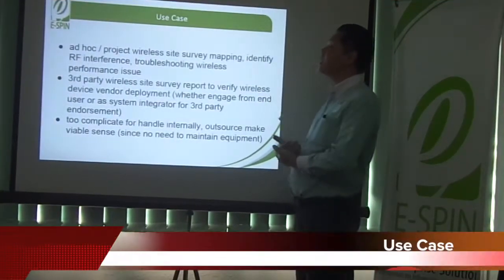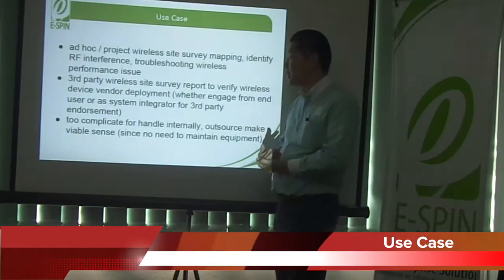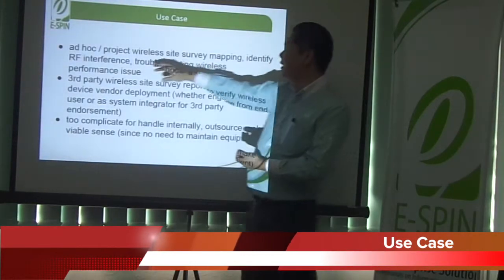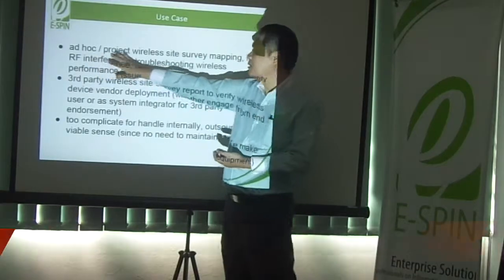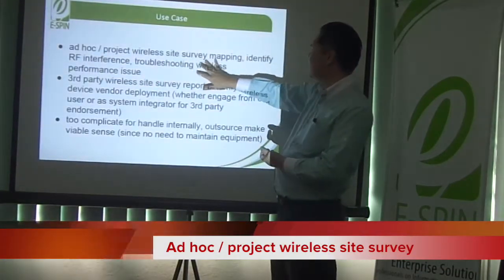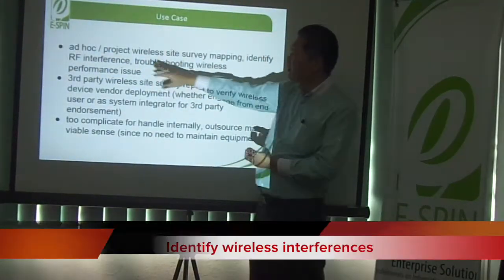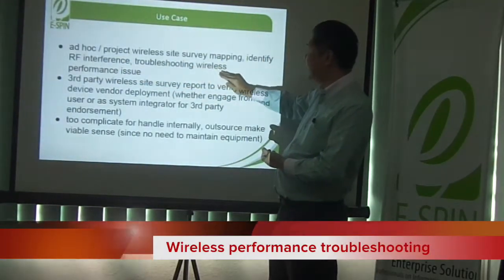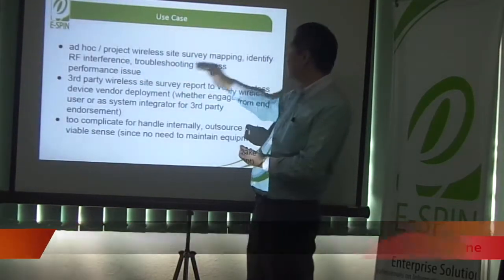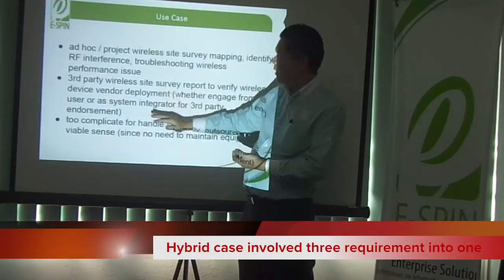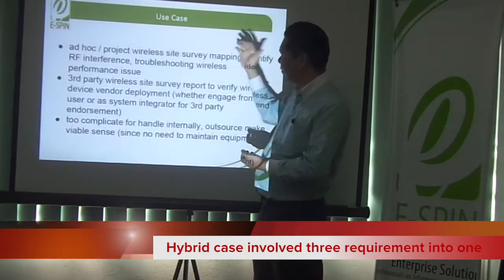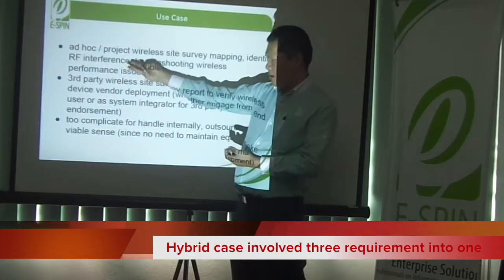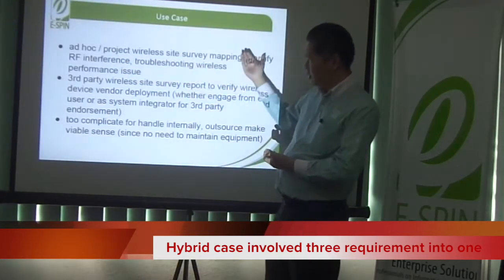We continue on the use cases, based on what I said here. Obviously, the use case is typical for ad hoc projects: wireless site survey mapping, identifying radio frequency interference, or troubleshooting wireless performance issues, or all three in one go, right? Or maybe just specifically wireless mapping passively, or identifying the interference, or troubleshooting.